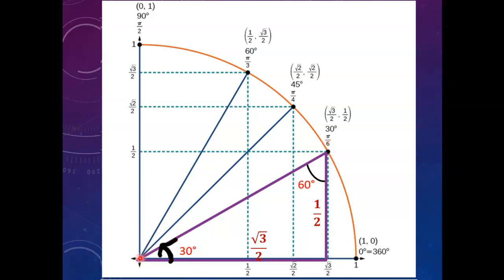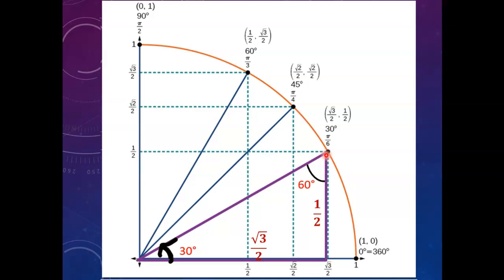And we expect this hypotenuse to be 1 because it is inside the unit circle. Since this is a unit circle, we know that the radius of the circle is 1, and the radius of the circle overlaps with this hypotenuse. So this must also be 1.